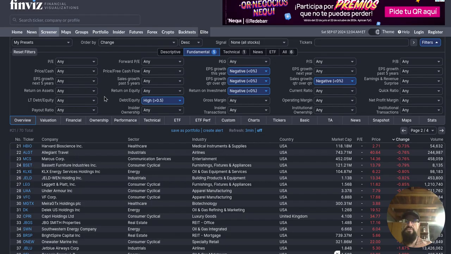Individual stocks, you short them properly. Bad companies, you're going to use the stock screener to come up with bad companies. Right quick, I did this and came up with a few companies.